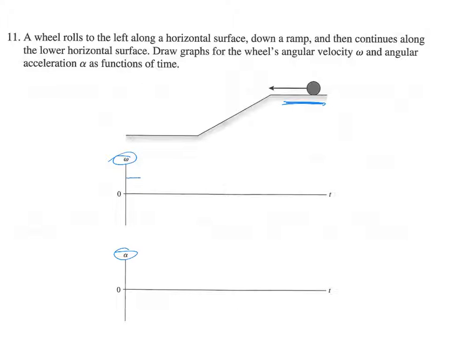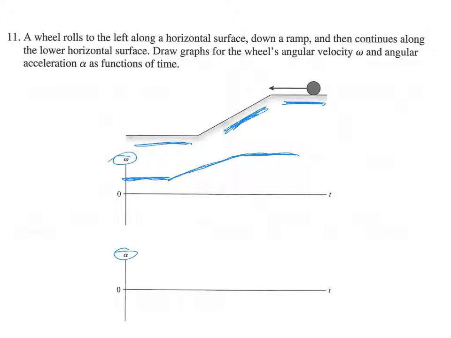And I'm just going to give it a section here before it hits the hill. And then as it comes down the hill here, section 2, it's going to speed up in the positive direction. And segment 3, I feel like it will go at a constant velocity again because there's nothing there.